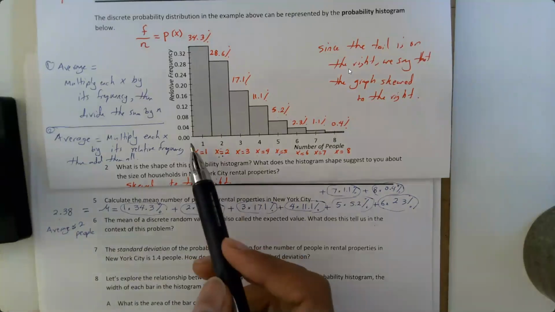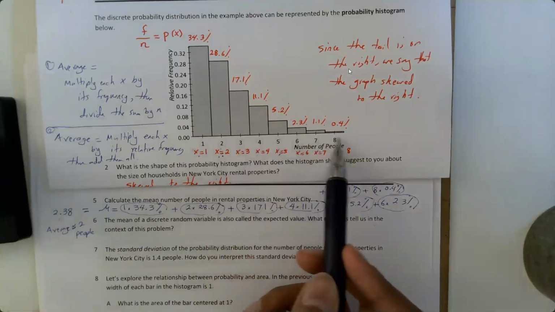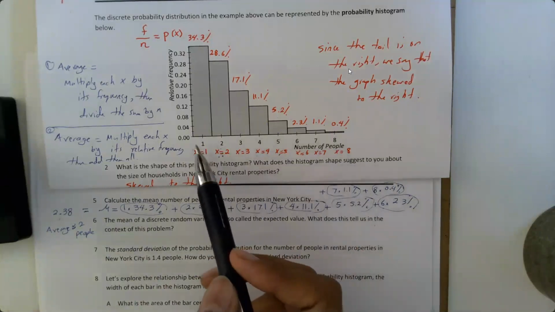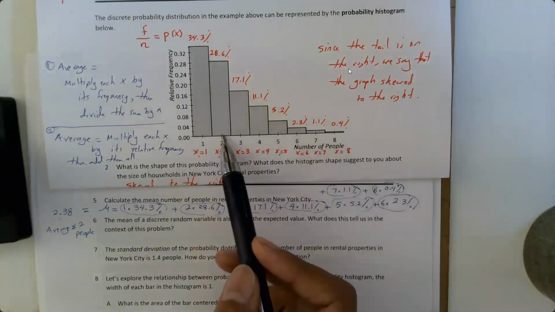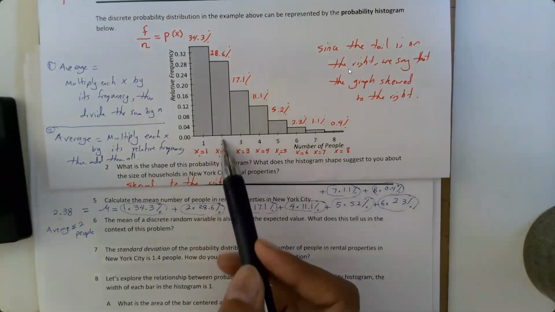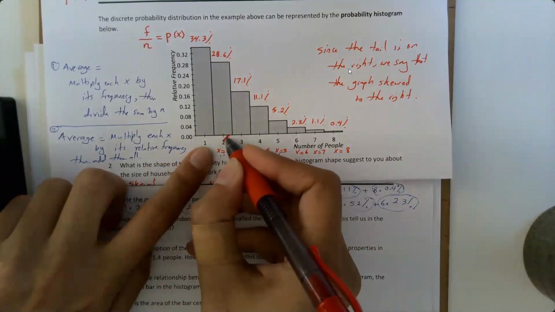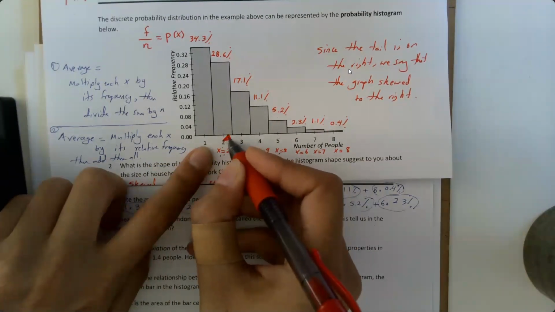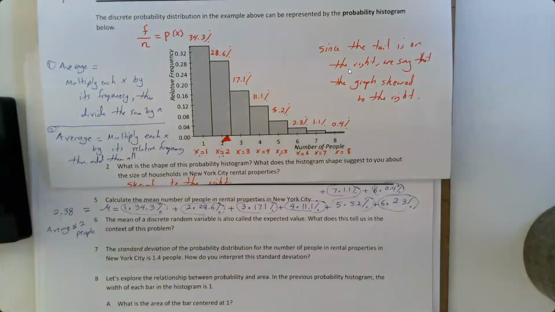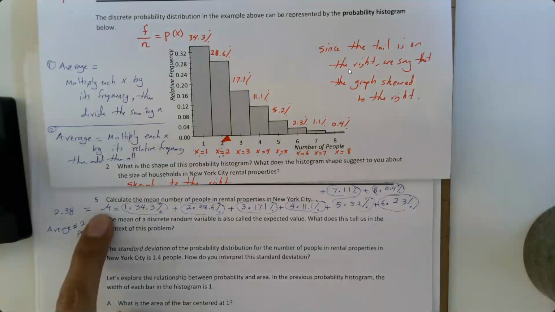So it means that the center of this distribution is around 2. Here we go, the balancing point, the center is around 2. That's how we calculate the mean or the average or the center of a discrete random variable probability distribution.